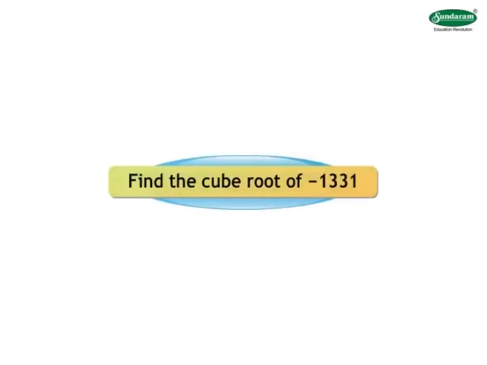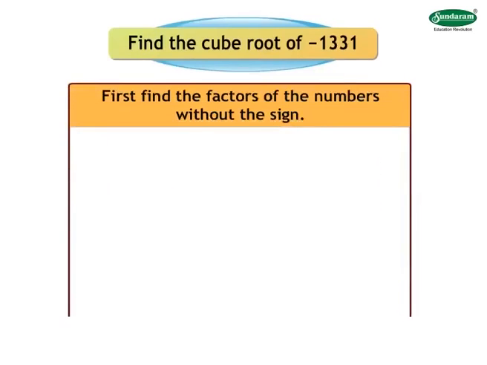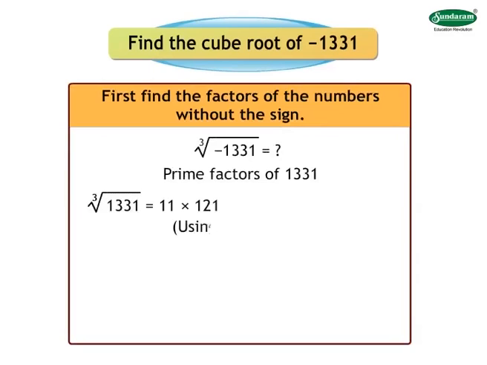Let us take another example. To find the cube root of minus 1331. First, find the factors of the number without the sign. Now, write prime factors of 1331 as 11 into 121 using test of divisibility of 11. Next, keeping 11 as it is, write the factors of 121 as 11 into 11.